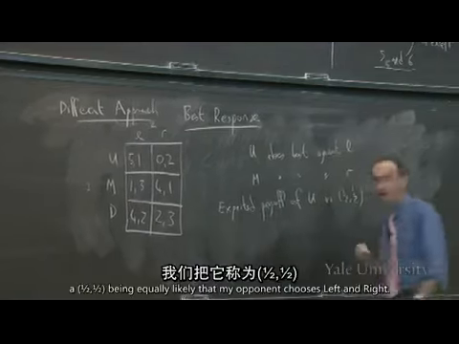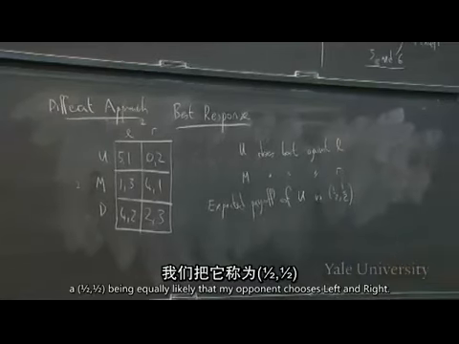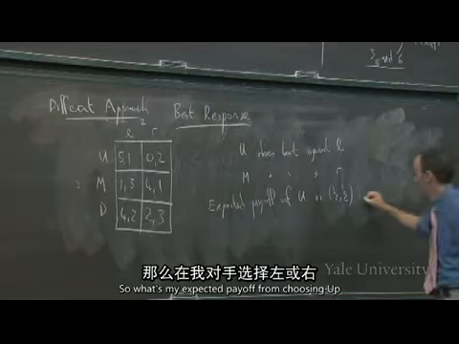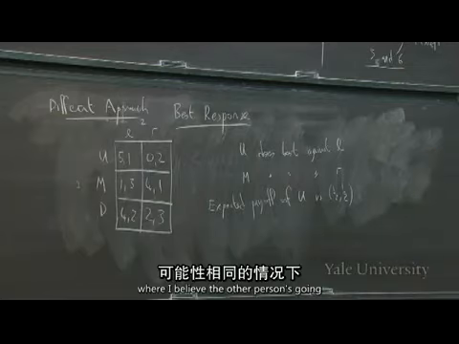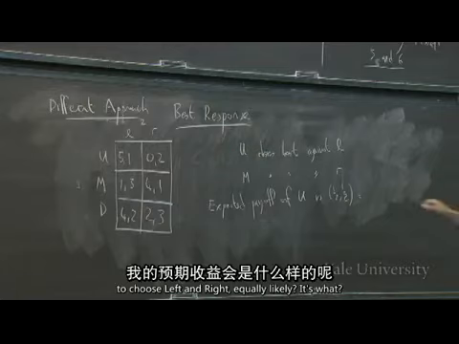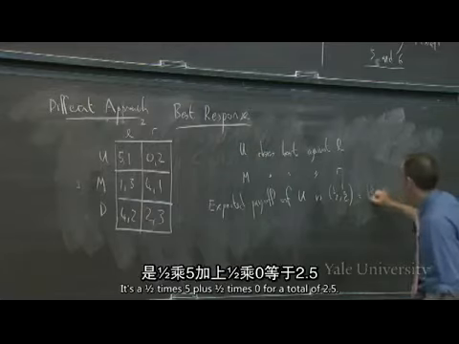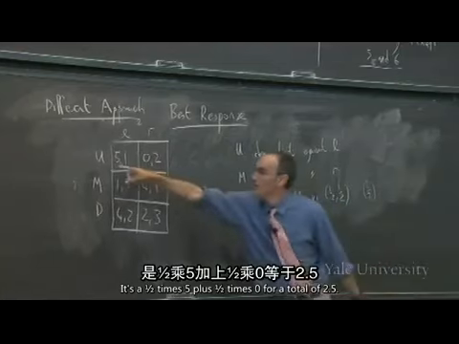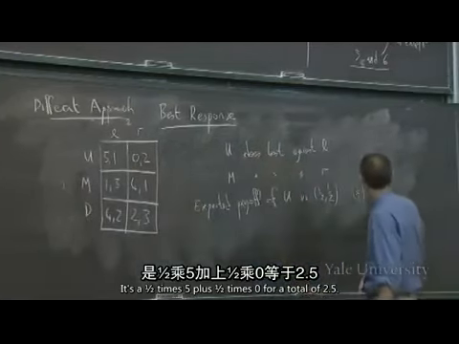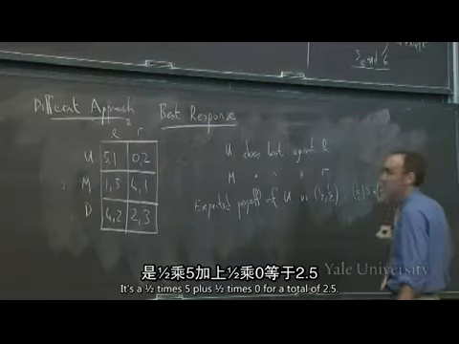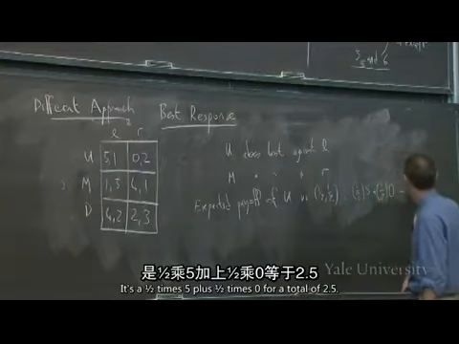A half-half being equally likely that my opponent chooses left and right. So what's my expected payoff from choosing up, where I believe the other person's going to choose left and right equally likely? It's a half times 5 plus a half times 0 for a total of 2.5.